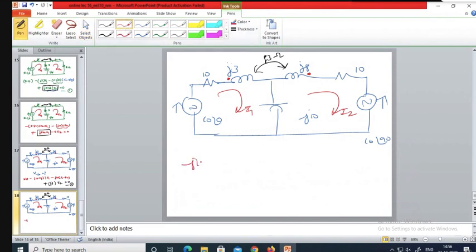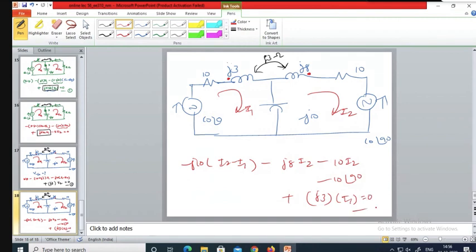So it is minus J10 into I2 minus I1, and minus J8 into I2, and minus 10 into I2, and minus 10 angle 90, and plus mutual inductance J3, obviously into I1, that is equal to 0. This is equation number 2. You simplify for I1, I2.